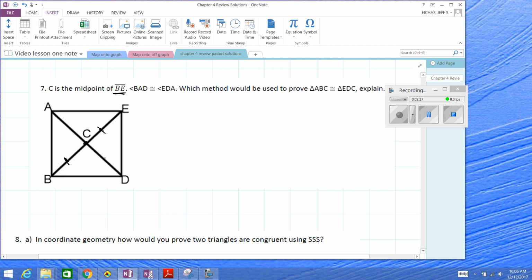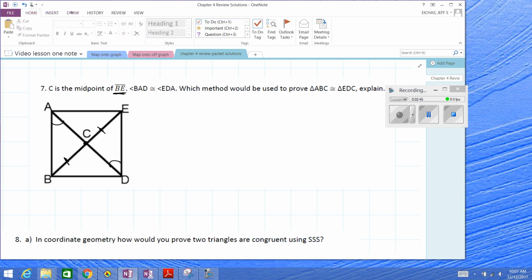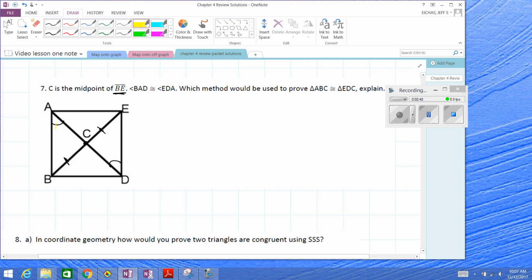Now, angle BAD is congruent to angle EDA, right? That's given. And what method would we use to prove this triangle is congruent to EDC, this triangle? I would add something of my own, and that would be vertical angles.